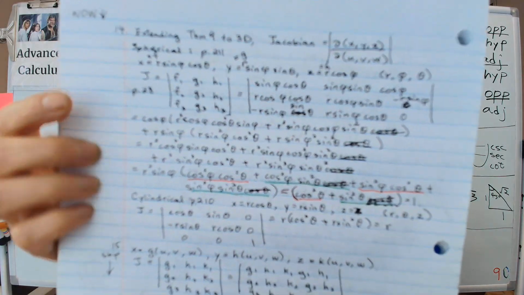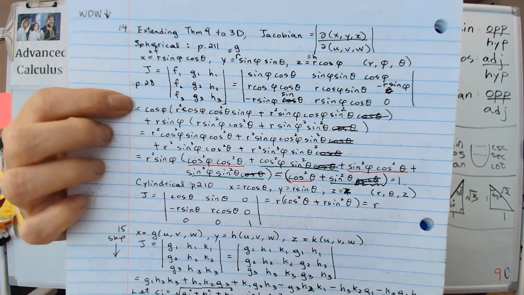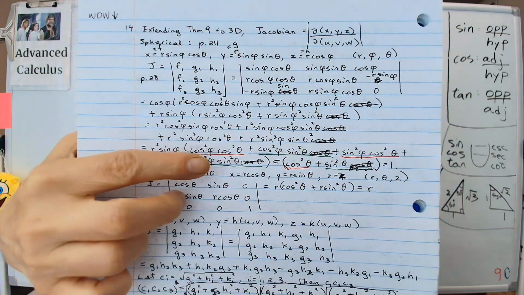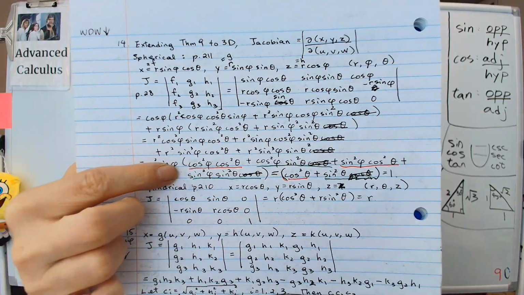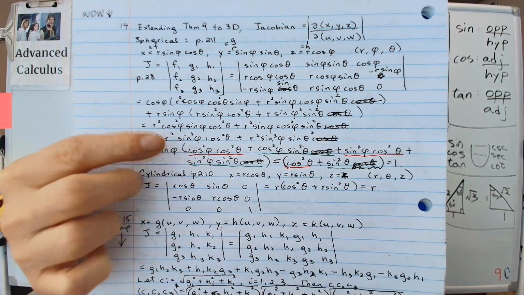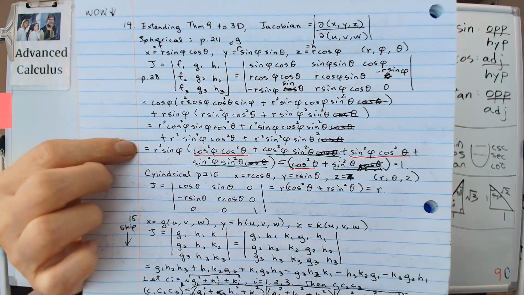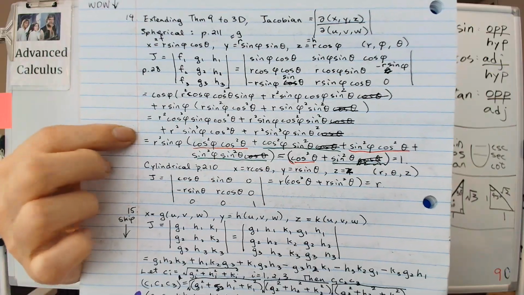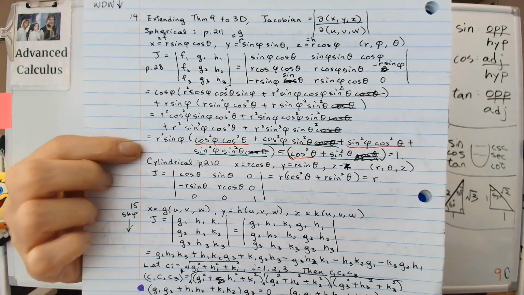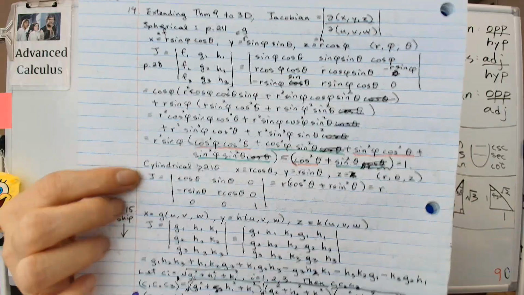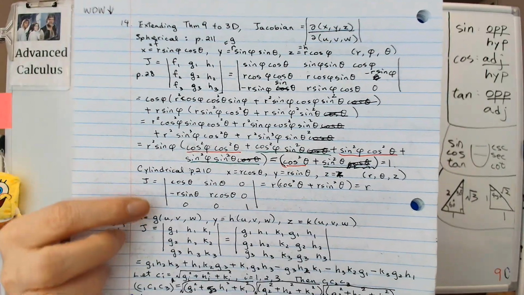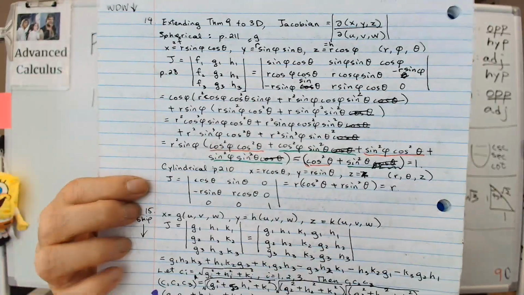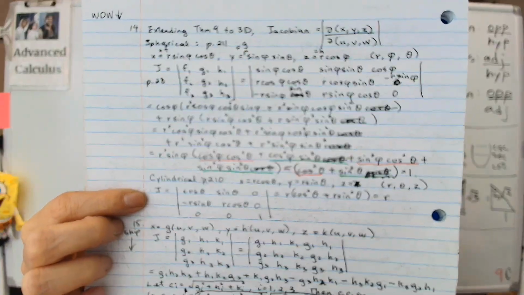I did that again, and as you can see, it does end up being r squared sine phi, because there's a bunch of sine squared plus cosine squared equals 1 and stuff like that collapsing. Assuming all the stuff is right, and I hope it is. The cylindrical coordinates are much simpler because there are 2 zeros, so calculating the determinant is much simpler, and it does become r like the book says.